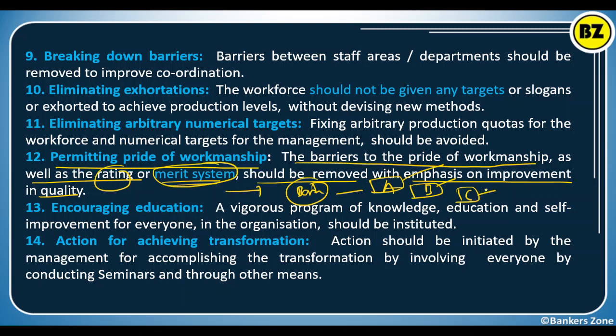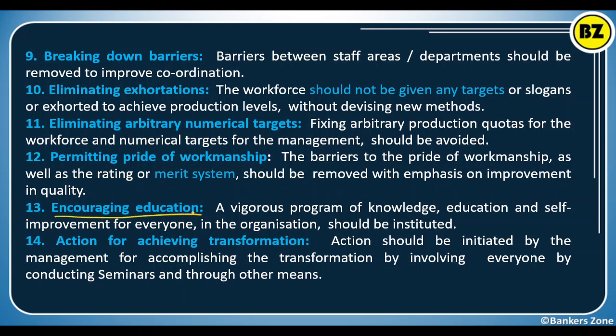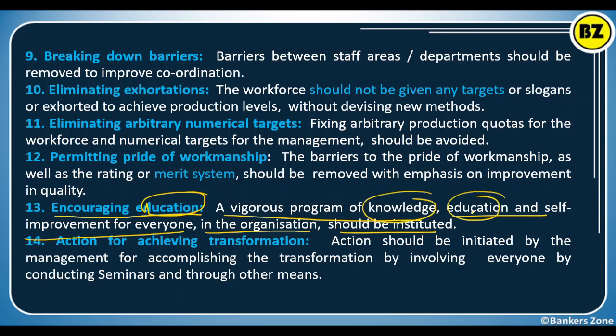Now next is encouraging education. A vigorous program of knowledge, education and self-improvement for everyone in the organization should be instituted. Obviously education is very important. To improve the knowledge of your employees, to educate them, or even for self-improvement, different programs can be arranged.